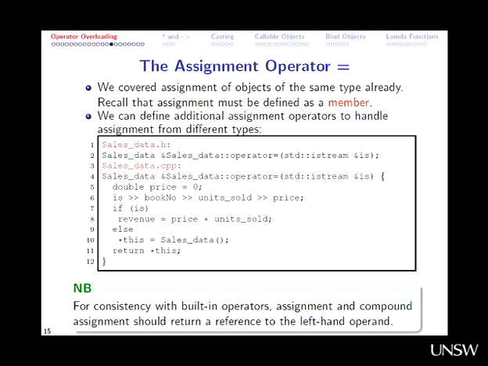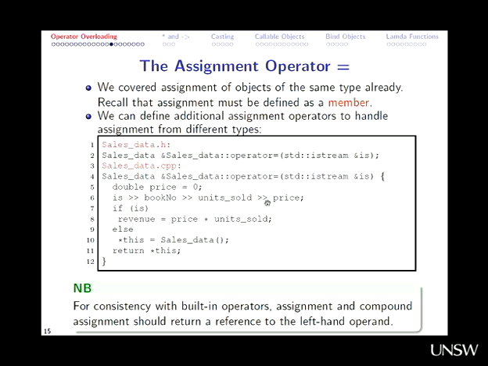So let's go take a look at the assignment operator. We just looked through the first hour today at the assignment operator in the sense of assignment copy. But what happens if we want to assign something of a different type? In this case, we have a member function that assigns stuff from the input stream, from the keyboard.